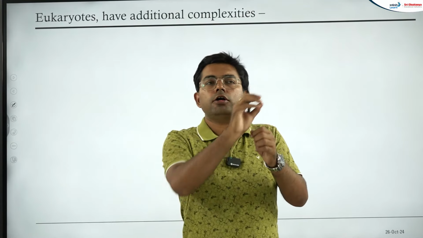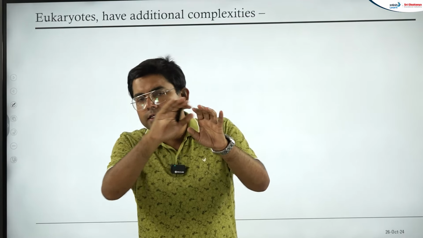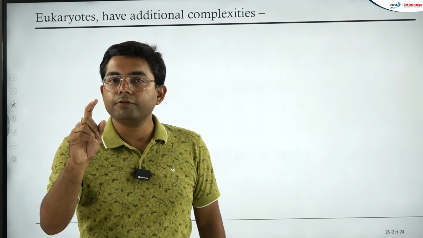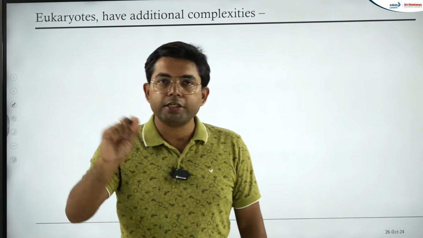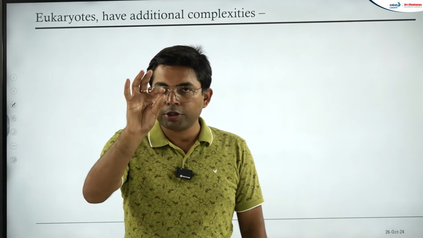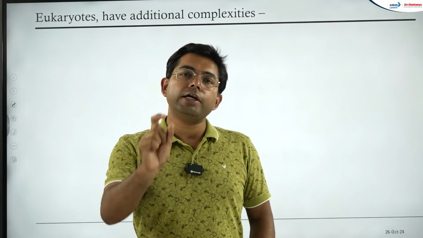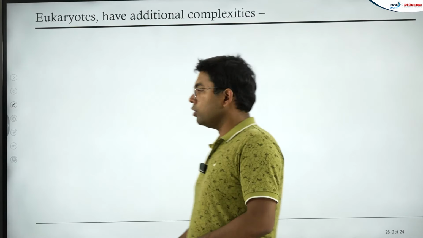In prokaryotes, the RNA formed will have all the sequence as coding sequence. There is no non-coding sequence. Earlier we talked about intron and exon. The non-coding sequence is called intron and the coding sequence is called exon.